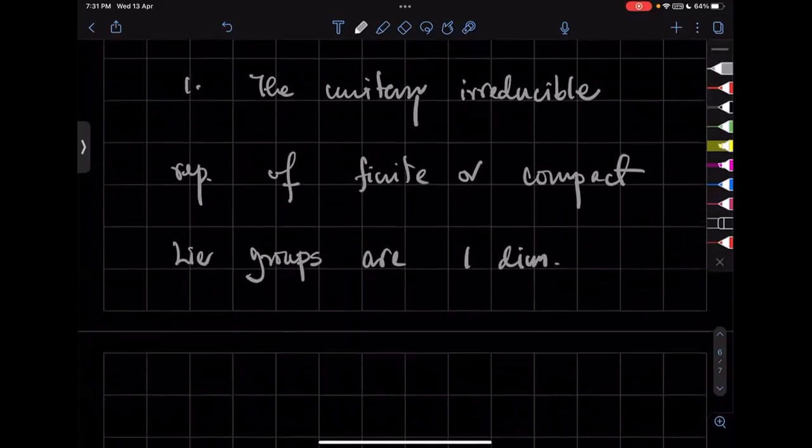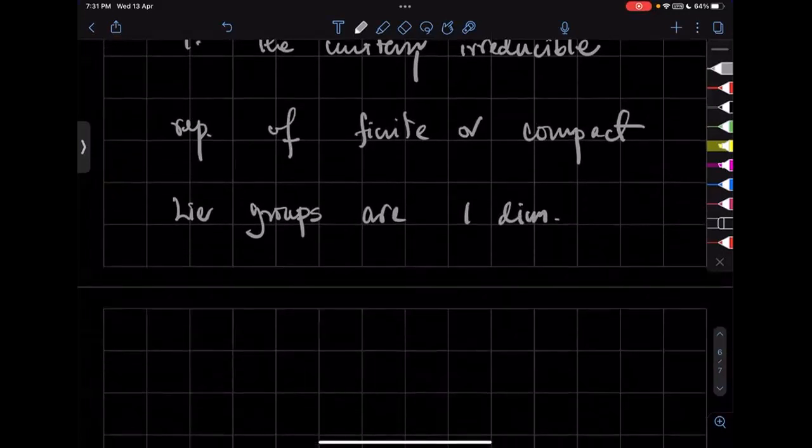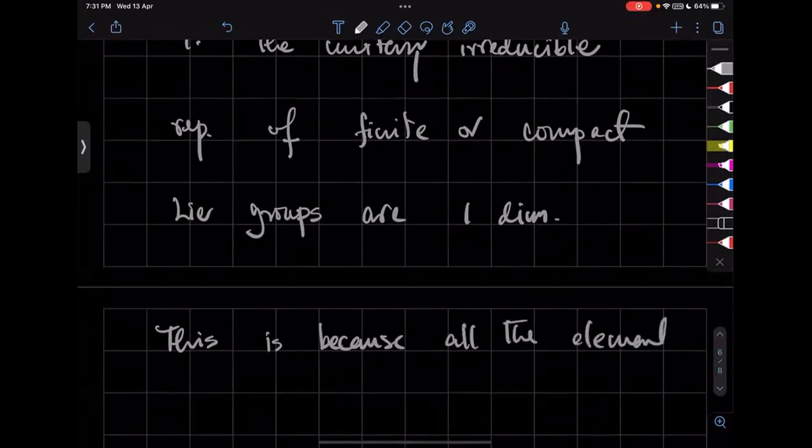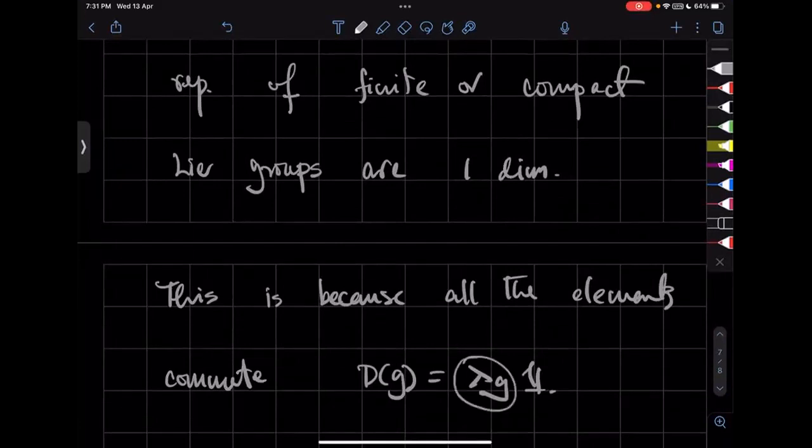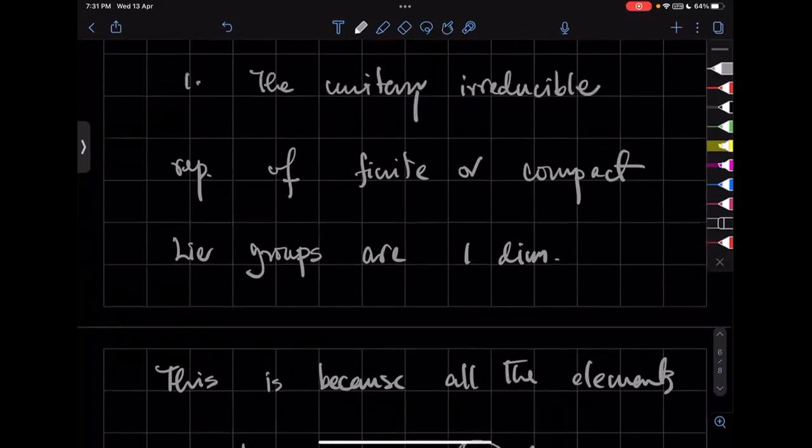And why is that? Because in that case, all the elements of the group commute, and therefore they all have this form, right? So they are basically just specified by this one number, right? Okay. So that's comment number one.